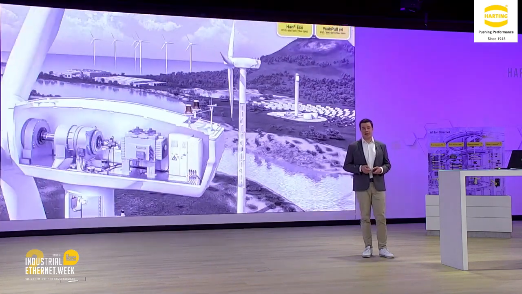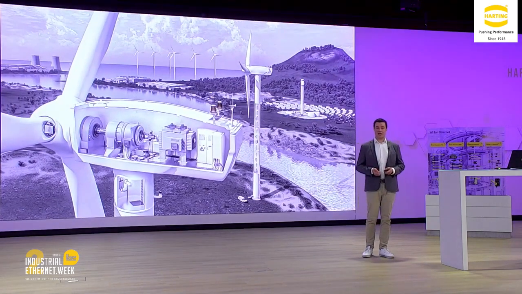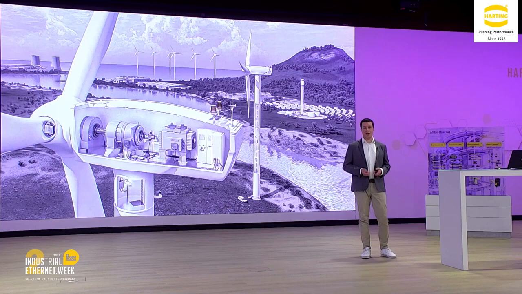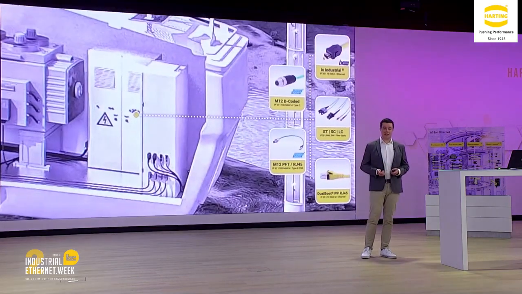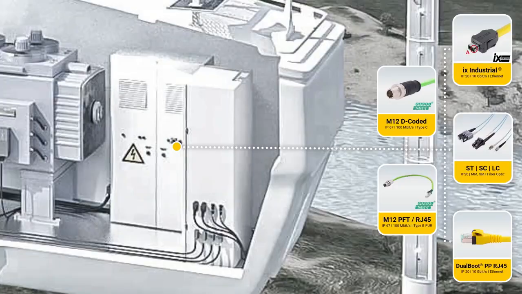If we are then inside the gondola, the distances are not so long. We have the IP20 ST, LC, and SC fiber optic cable assemblies for the IP20 connections, but due to the smaller distances you can also choose copper-based Ethernet again, with the standard mating faces which are well known in the industry, like M12 D-coding and RJ45 in different variants.